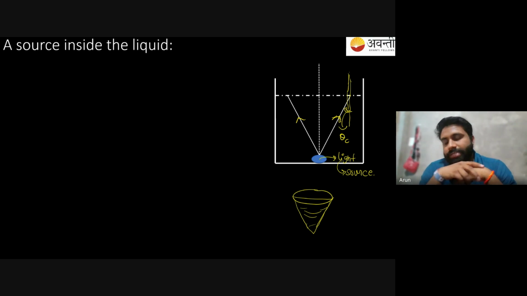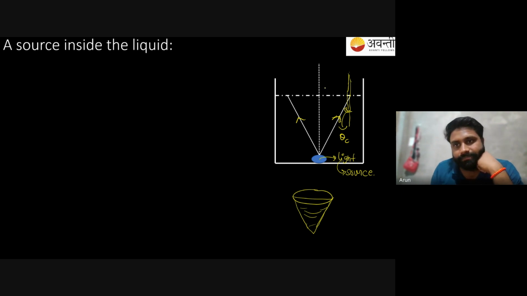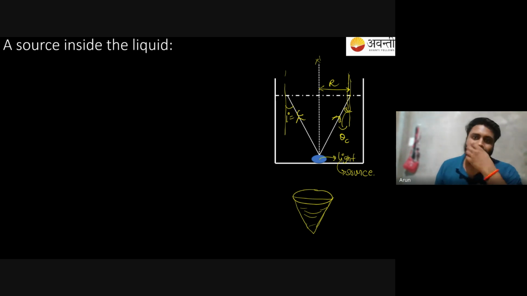So that is how we are going to calculate the value of the radius over here. This is the radius r. This is the normal to the surface. For this also, this angle is i, which is equal to c, the critical angle.